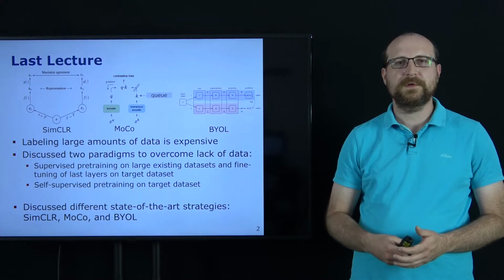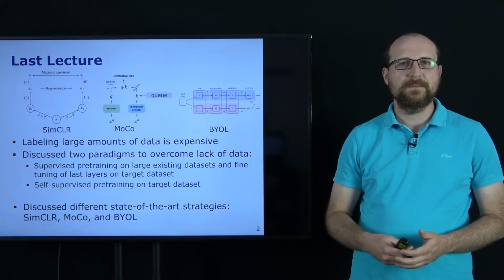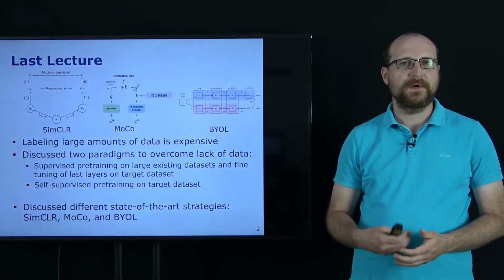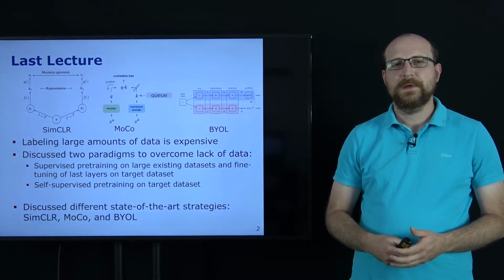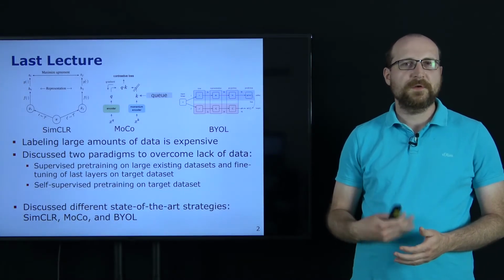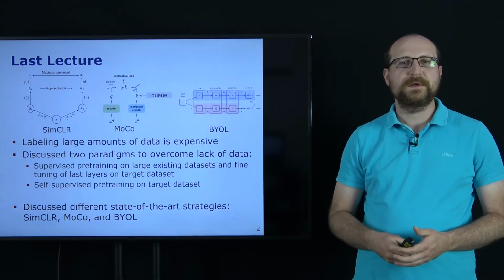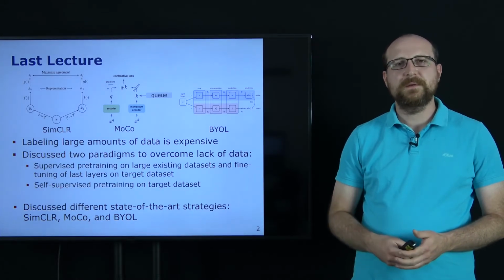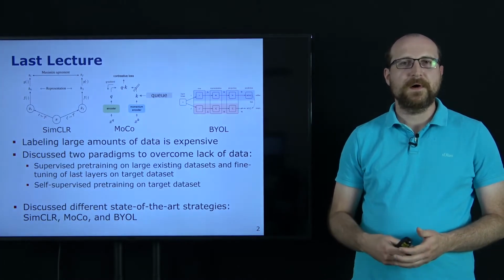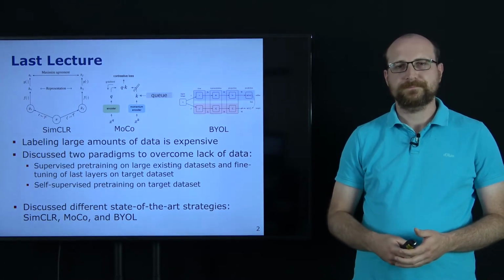So we are just using different views of the same image to learn representations that help us then to solve the task that we want to solve. By using these strategies, we can use the data that we are generating for our target application, like medical images or satellite images, without using any labels at all.